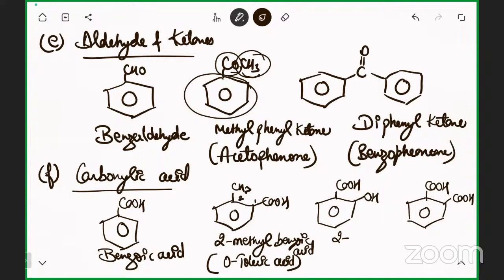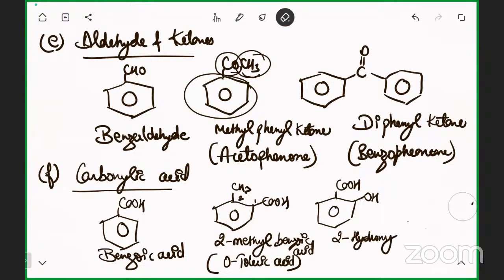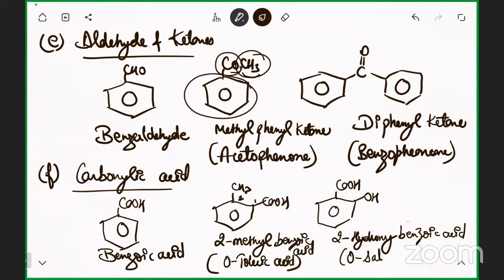Hydroxy. 2-hydroxy. Okay, I'll make this compound. Next page. 2-hydroxy benzoic acid. This is also known as orthosalicylic acid.